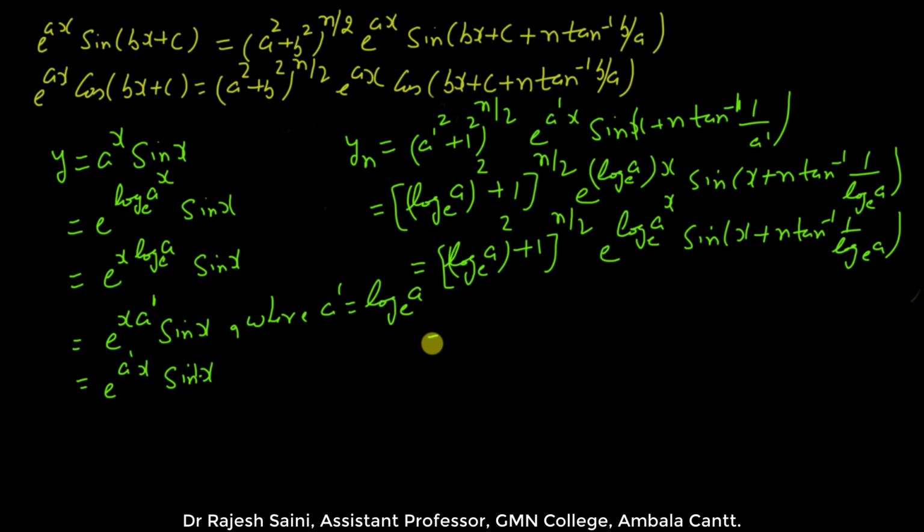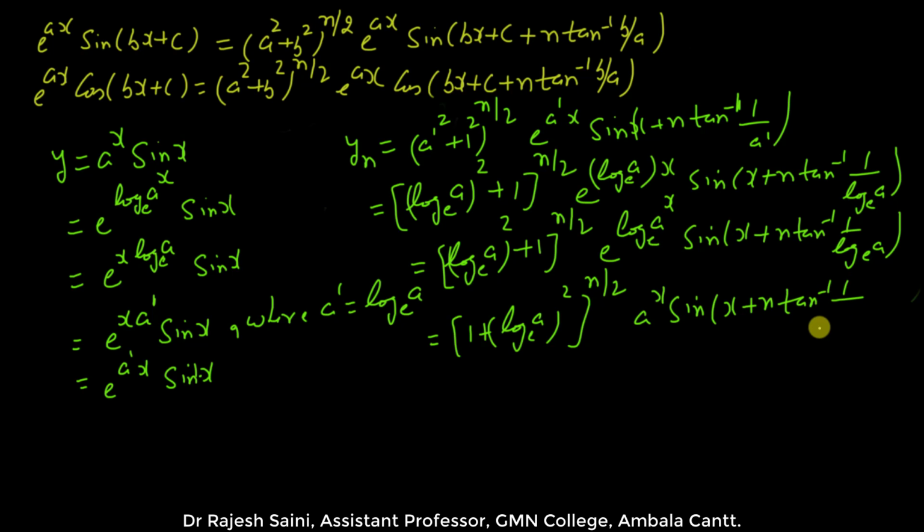So this will be 1 plus (log a)^2 raised to the power n by 2. This will be a raised to the power x, sin x plus n tan inverse 1 by log a to the base e. Fine. So this is the required nth order derivative of a raised to power x sin x.